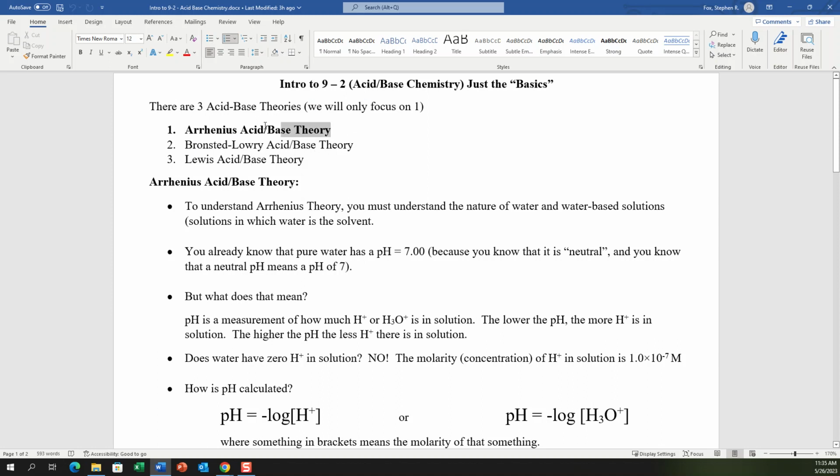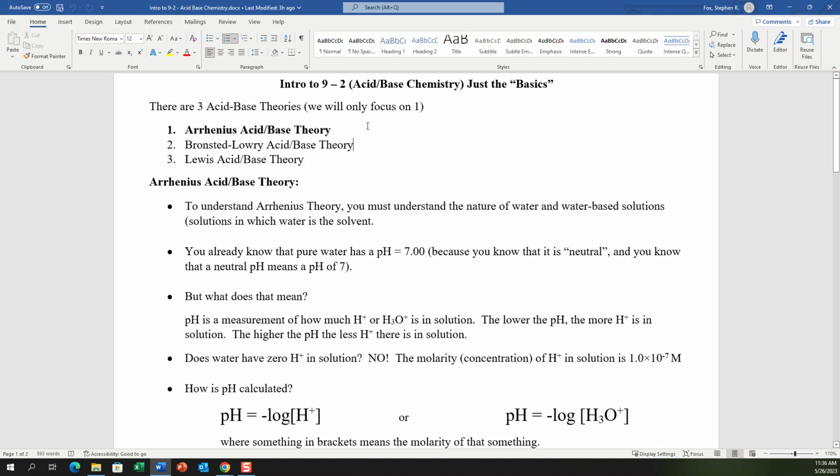There's an Arrhenius acid, a Bronsted-Lowry acid, and a Lewis acid. There are things that act as all three sometimes, and the same goes for a base. There's an Arrhenius base, a Bronsted-Lowry base, and a Lewis base. In one reaction, a base can act like an Arrhenius base, a Bronsted-Lowry base, and a Lewis base.